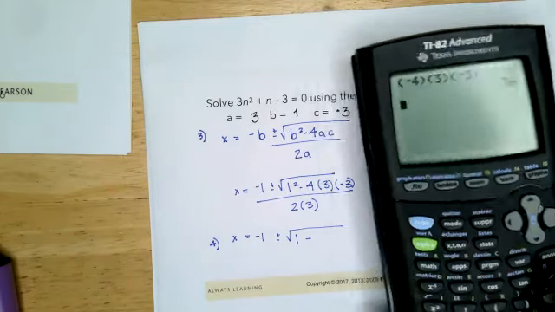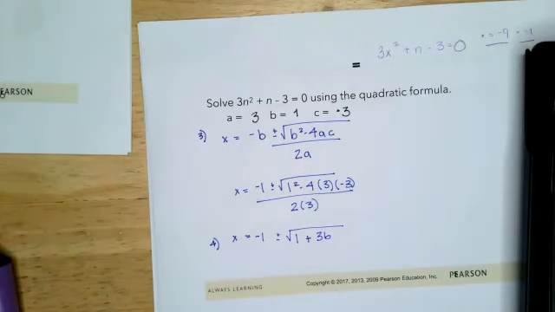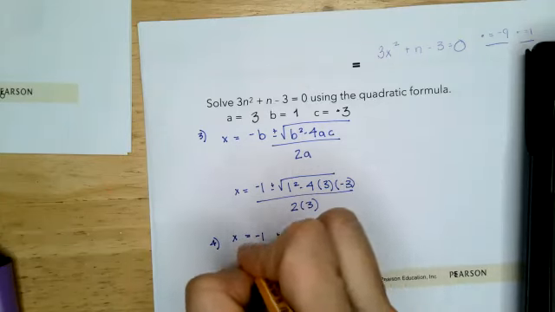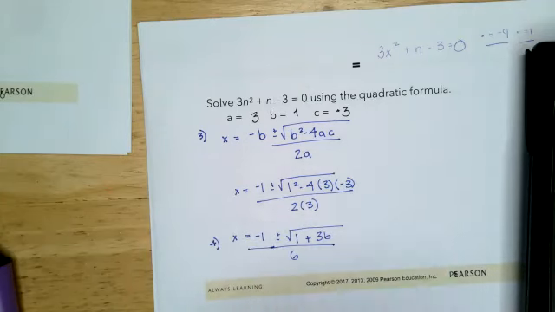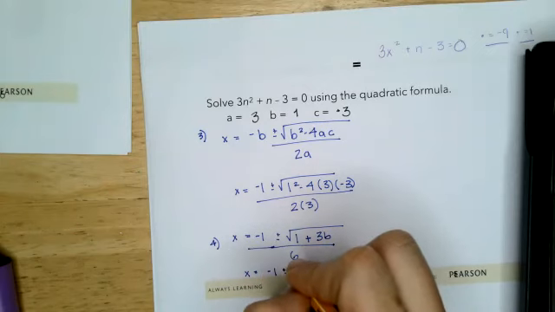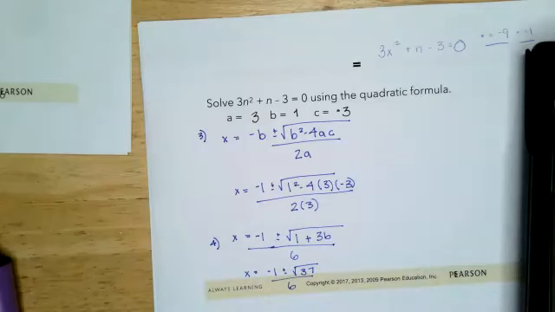So that's a positive 36. So I'm going to say it's 1 plus 36 over 2 times 3, which is just 6. Good. I'm going to simplify. X equals negative 1 plus or minus the square root of 37 over 6. Good.